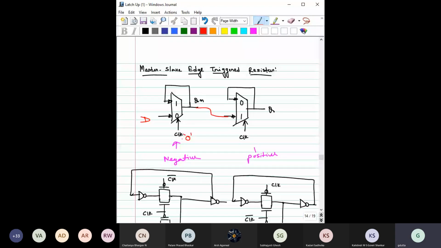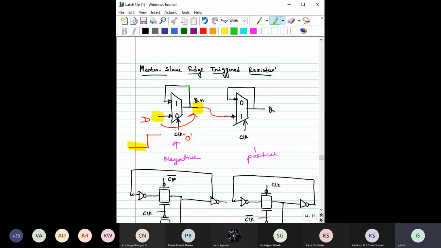Then see what is happening when you have zero input. When this clock is equal to 0, this D is transferred to here, right? So you are now in this region, and then this is getting transferred to here.